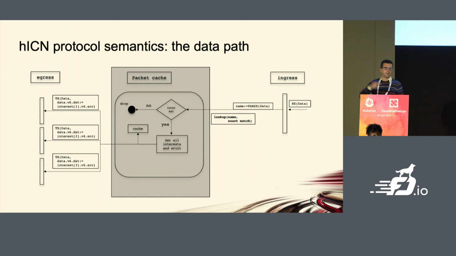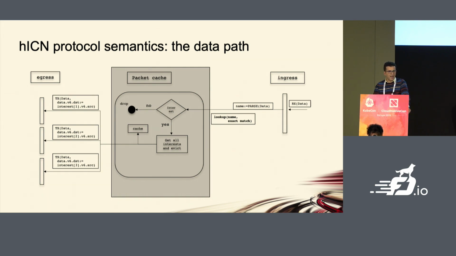When you have the data coming back, you can see that there are many different consumers asking for the same data, and you can recognize that because once you go through the packet parser, you see that this name prefix plus suffix is actually available there, by using an exact match lookup in the data cache. And then you find all the locators already stored in the request.